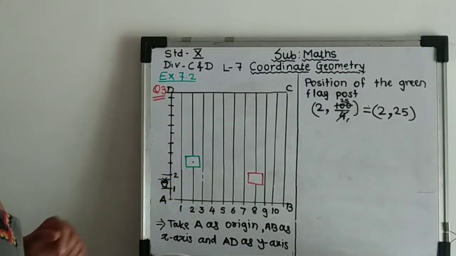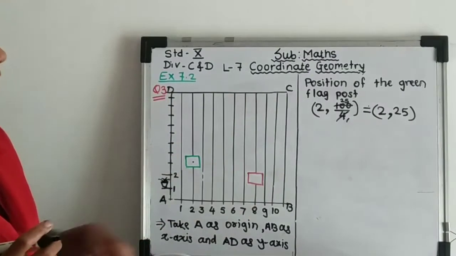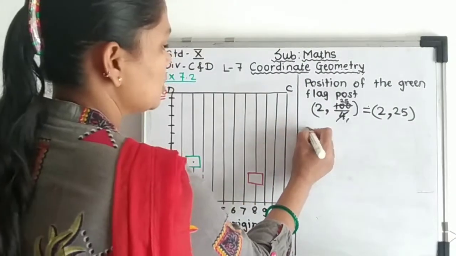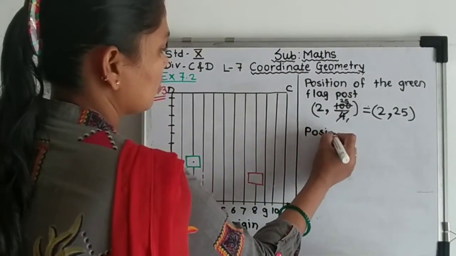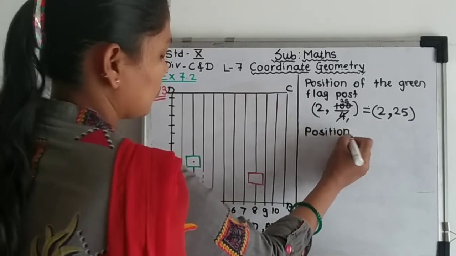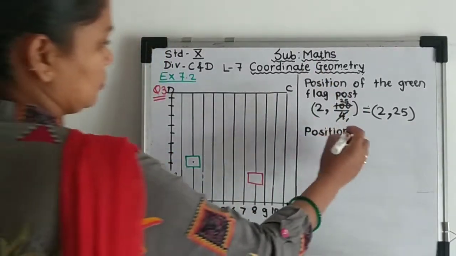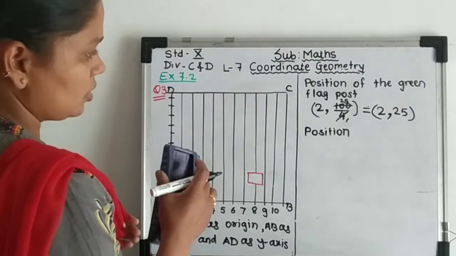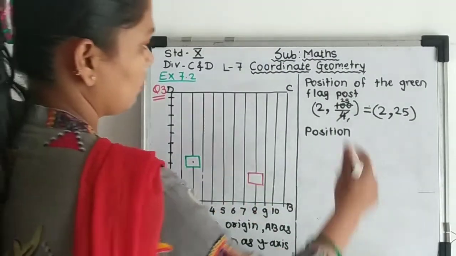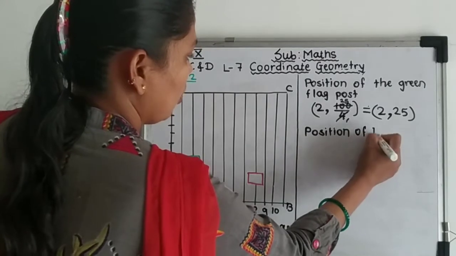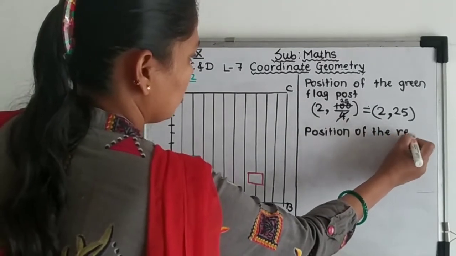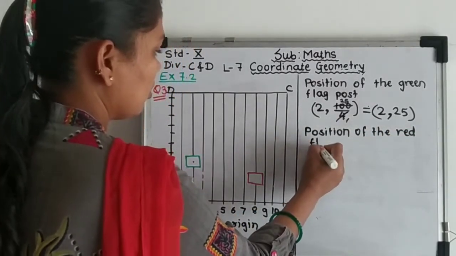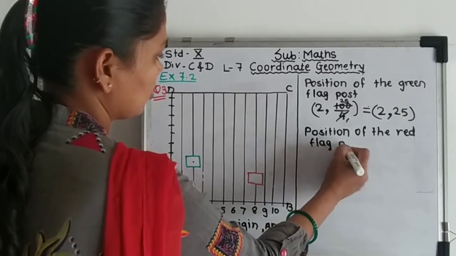Right? Now for the red flag, we will find out the position, the x coordinate and y coordinate of the red flag post.